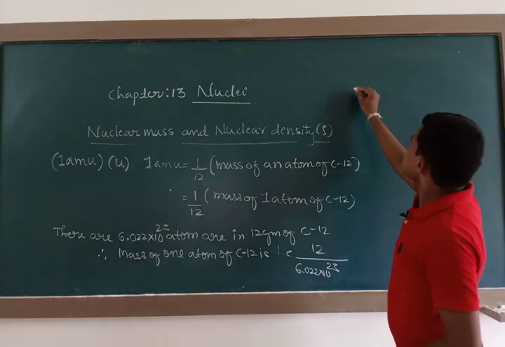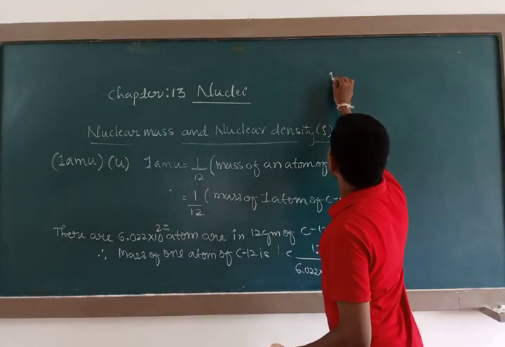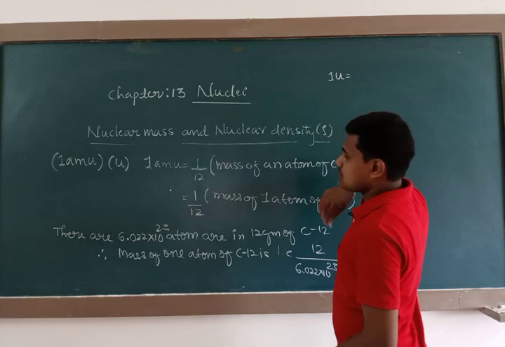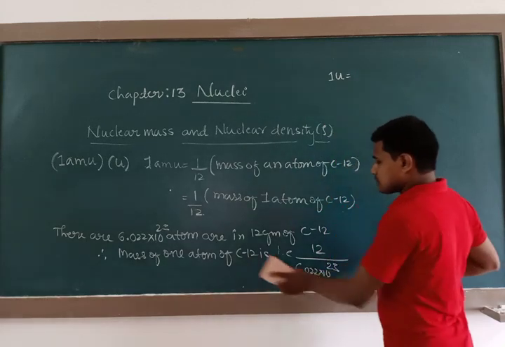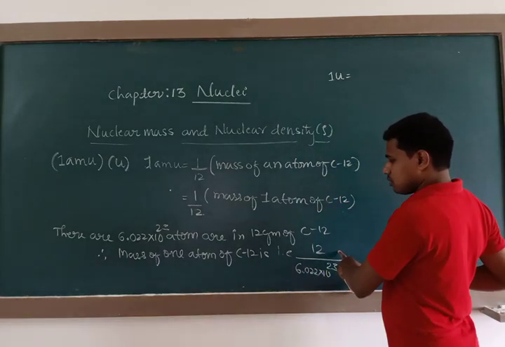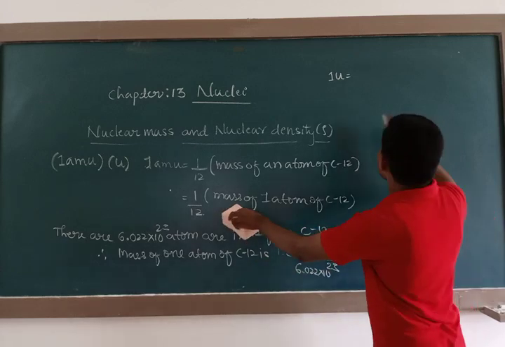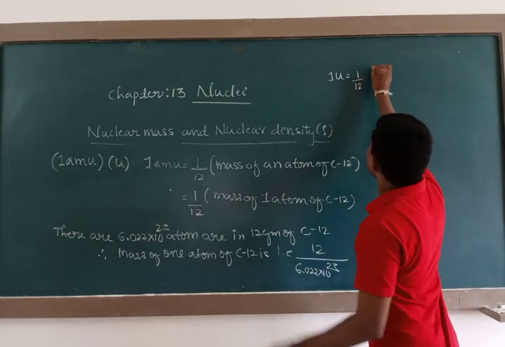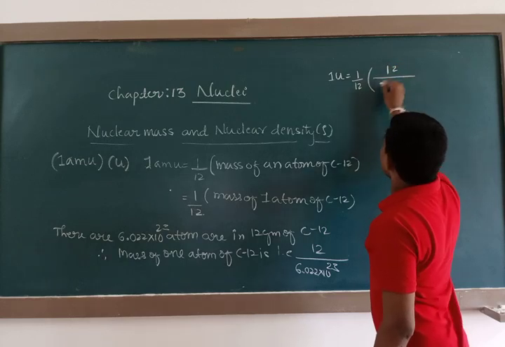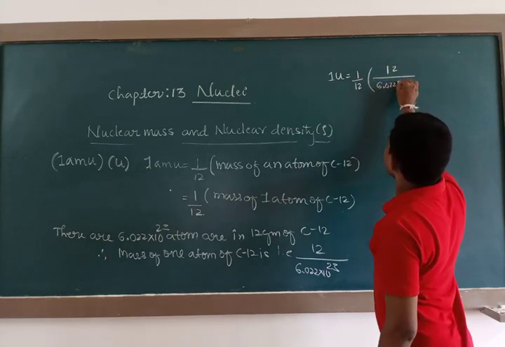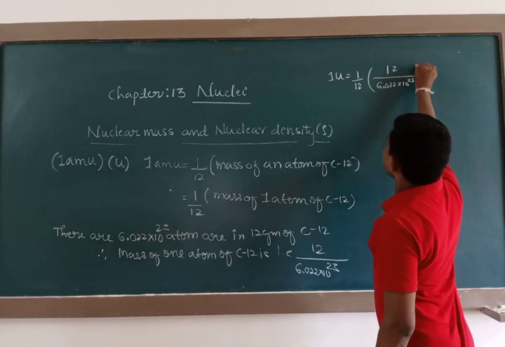Therefore, one U, or one atomic mass unit, is equal to 1 by 12 of the mass of an atom of carbon, that is 12 divided by 6.022 into 10 power 23.